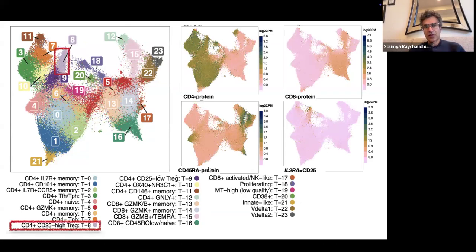And here, for example, we've labeled a cluster, cluster 8, as regulatory T cells because of the fact that they're CD4 expressing, that they're CD25 positive, which is a marker of T cells.